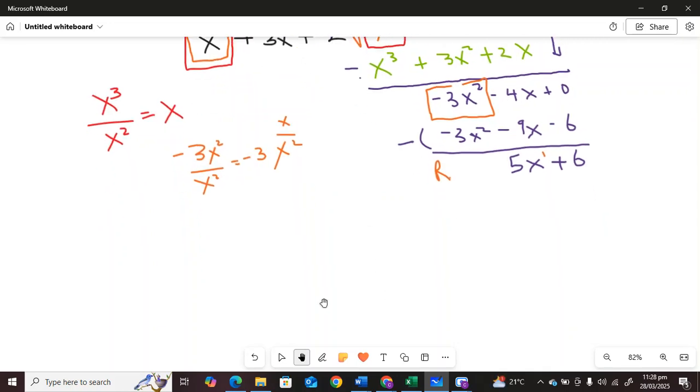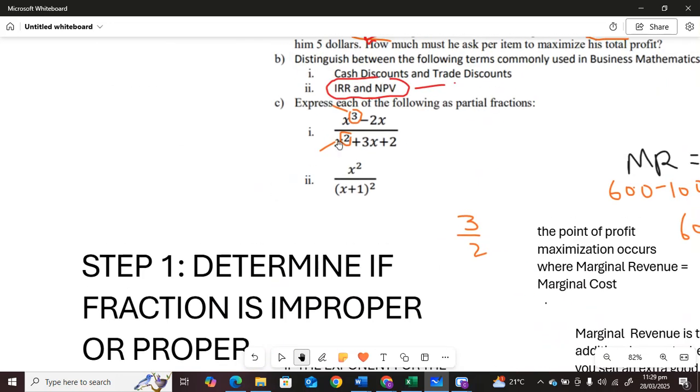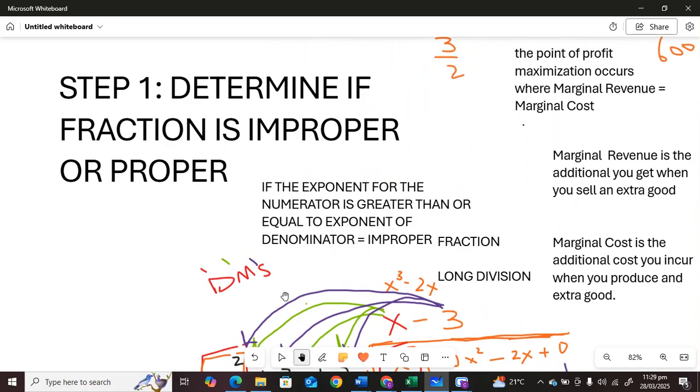So we have x minus, this expression, I'm going to write it again.